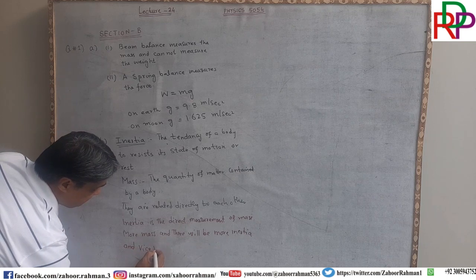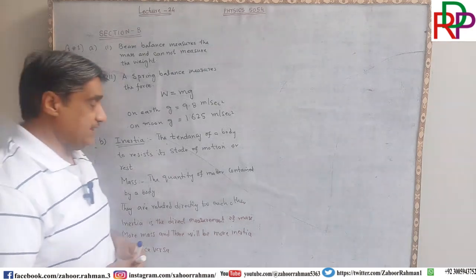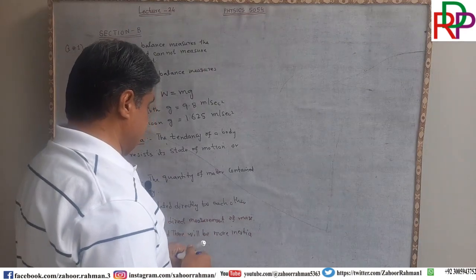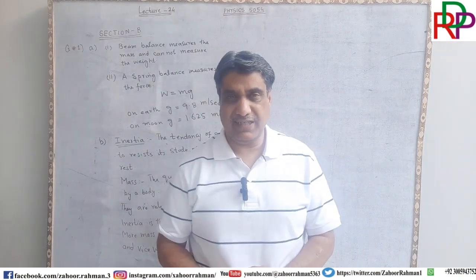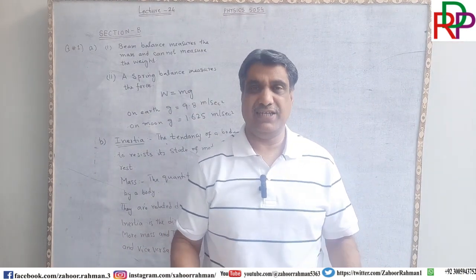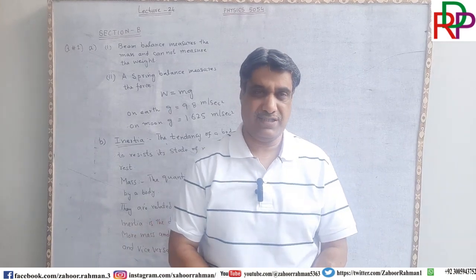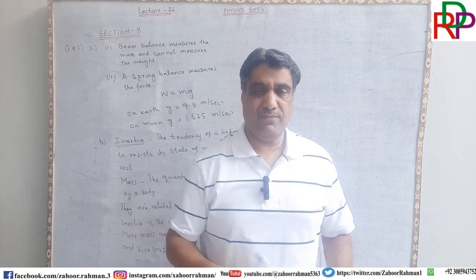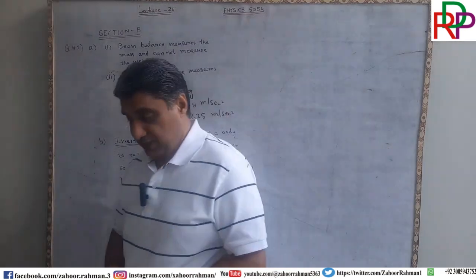Less mass and there will be less inertia. So inertia is directly proportional to the mass. More inertia means more mass. Less inertia means less mass.